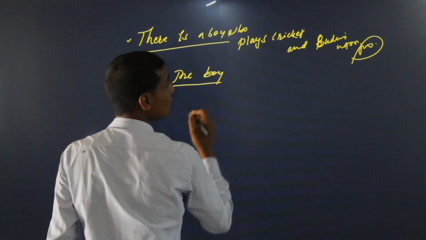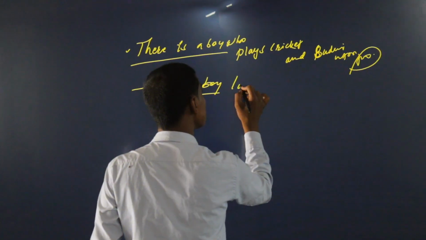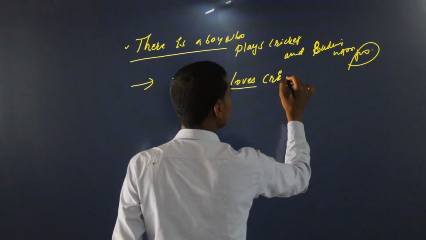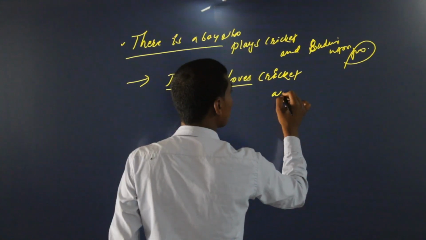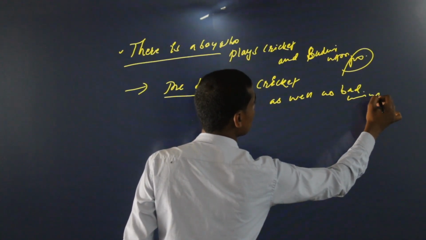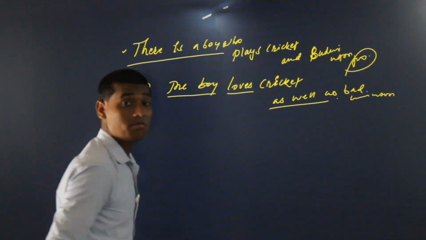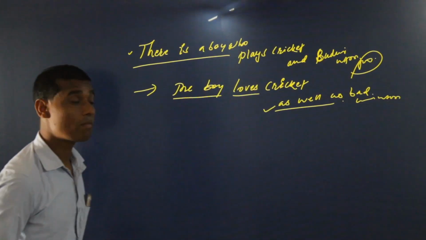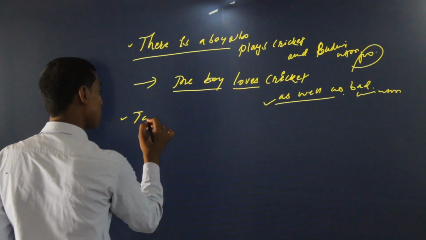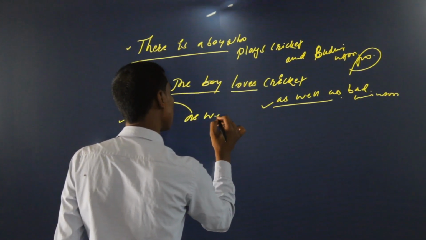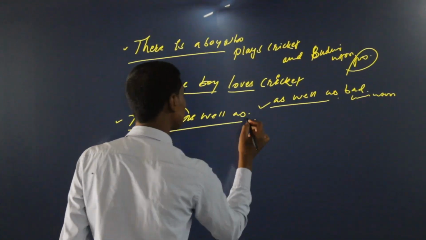The boy in this context loves cricket as well as badminton. So we've seen here that we have used as well as in order to replace too. So sometimes we have too and we replace it with as well as.